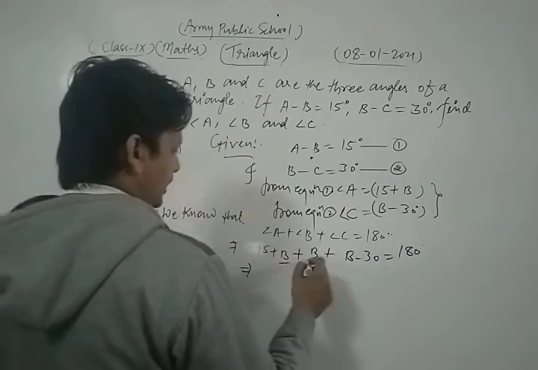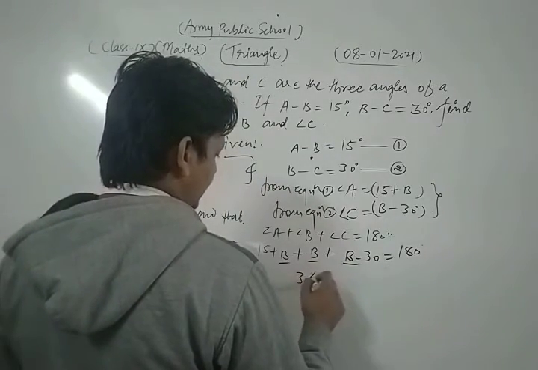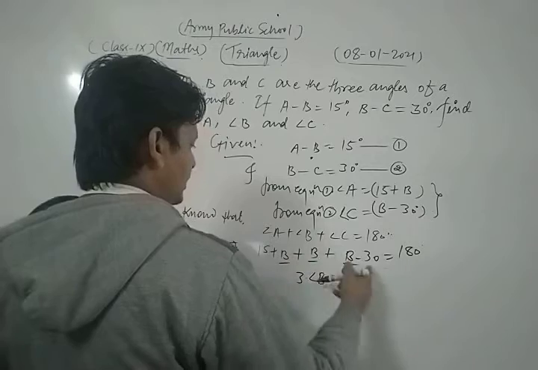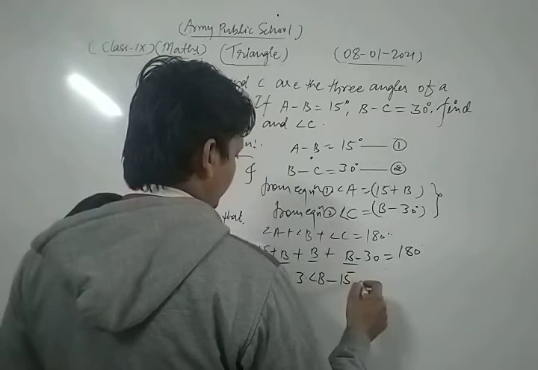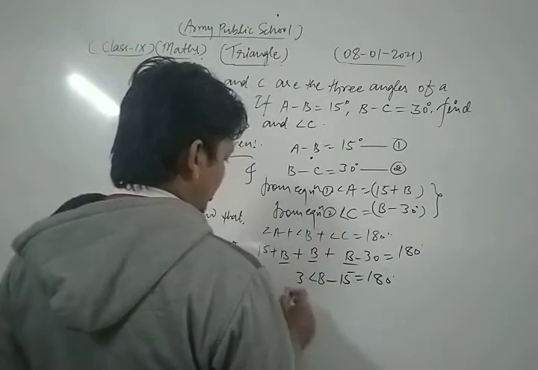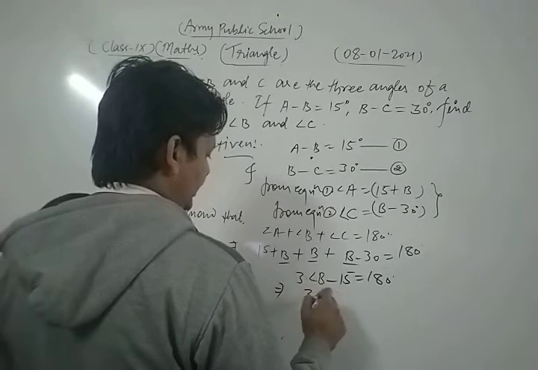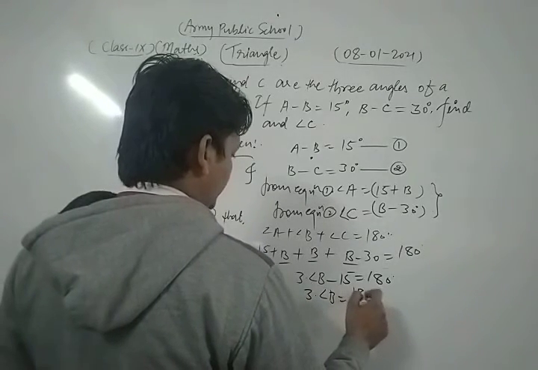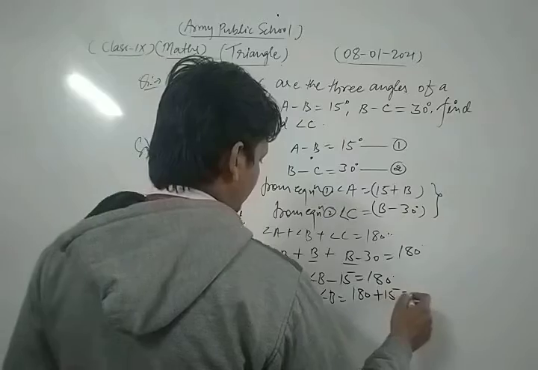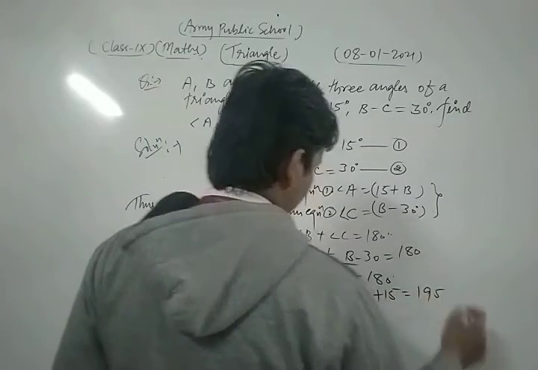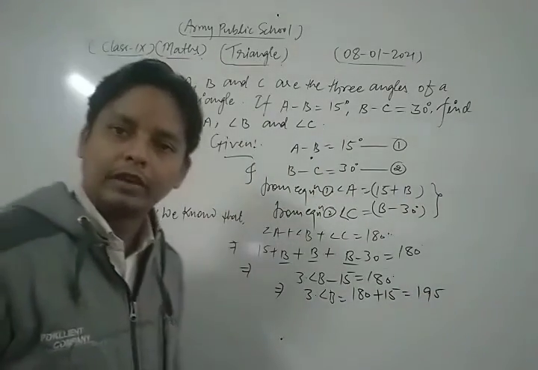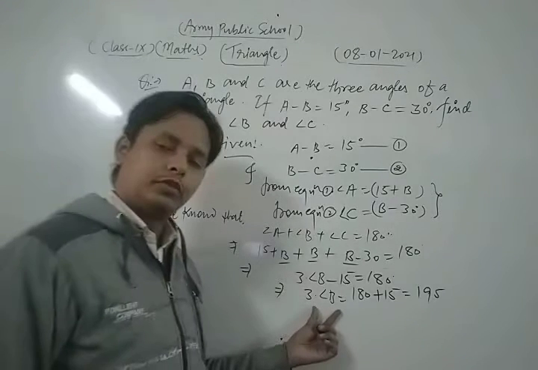Now B plus B plus B is 3 times angle B, and 15 minus 30 is minus 15, equal to 180. Now 3 times angle B is equal to 180 plus 15, which is 195, dear friends.